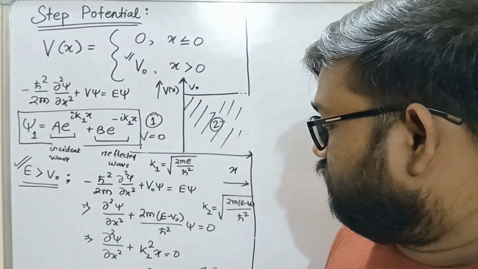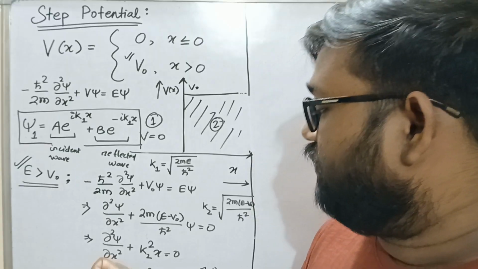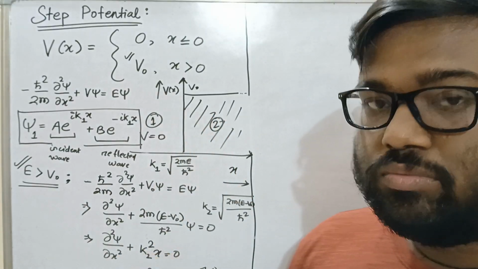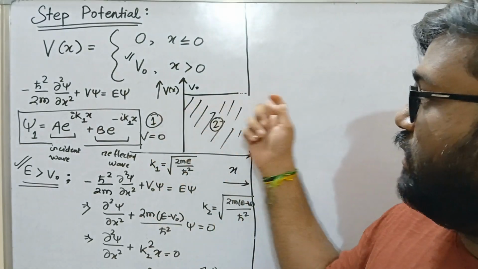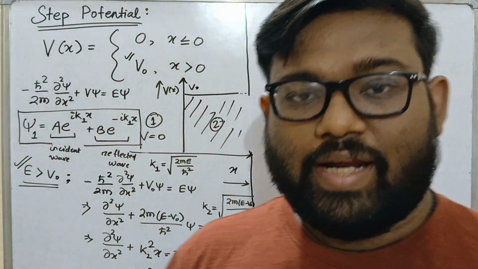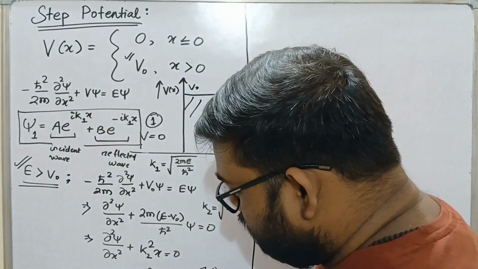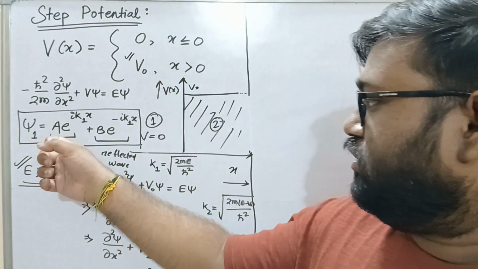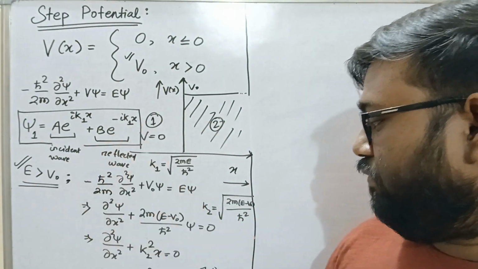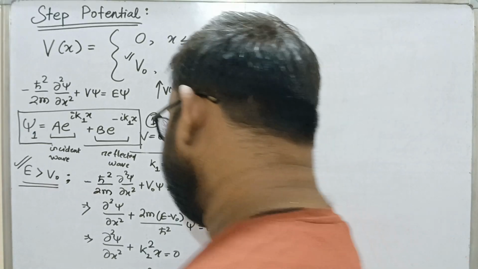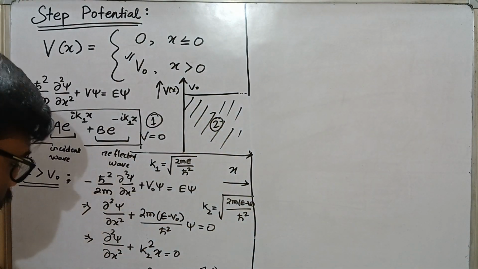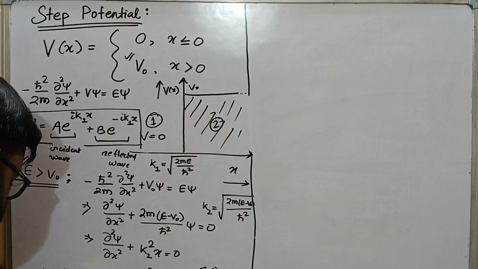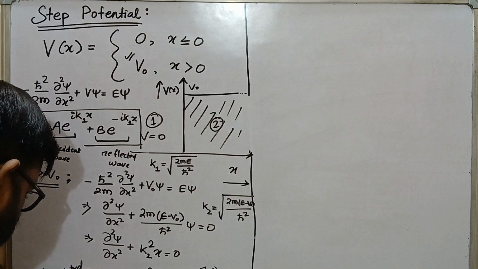Now for a waveform in the second region, you need a momentum related to k2, and in the positive direction, it means that this is nothing but your transmitted wave. This is the incident wave, this is the reflected wave, this is your transmitted wave.